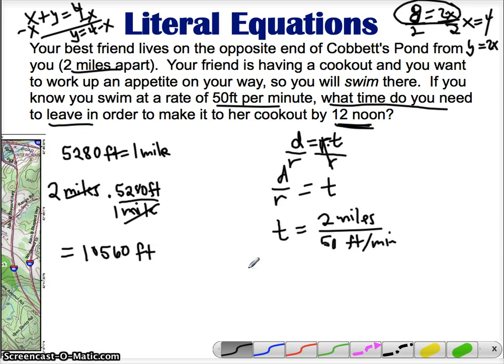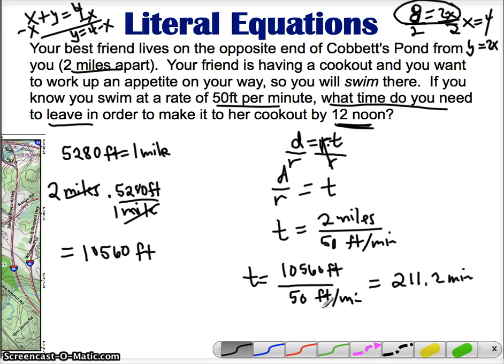So now when we figure out our time, we have 10,560 feet instead of 2 miles, divided by 50 feet per minute. When you divide there, you get 211.2 minutes. Because those feet cancel, you are left with minutes.